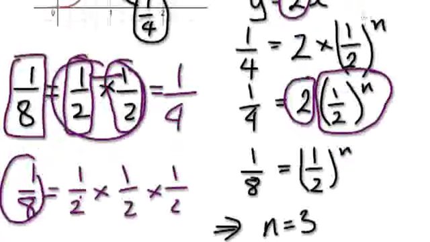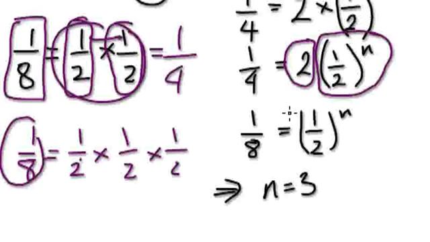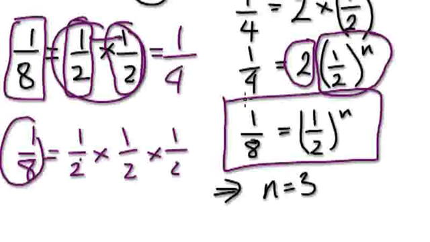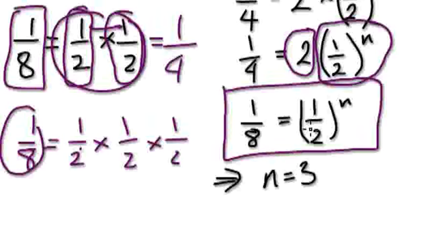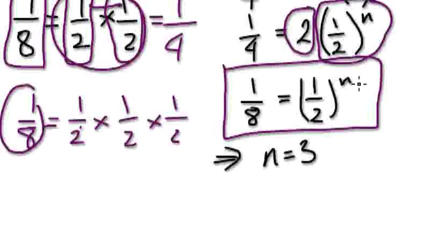By the way, when you are here, you could use log. It doesn't matter if you don't understand this bit. If you're trying to find an index, you take the log of both sides, so this n will go in front.